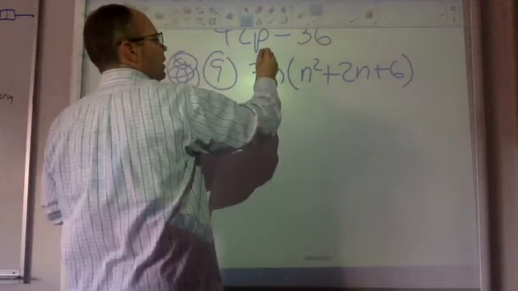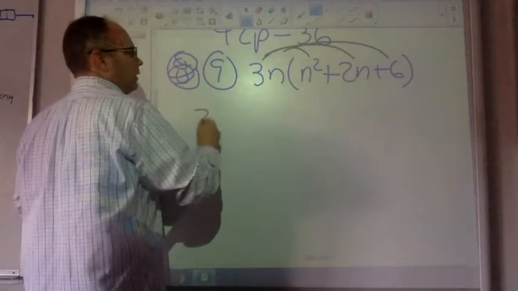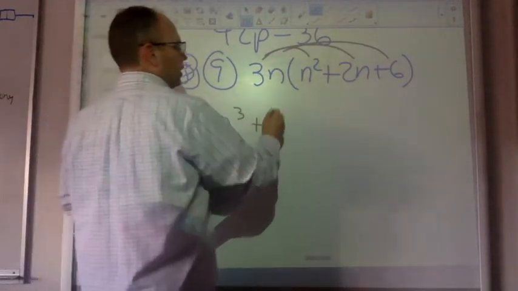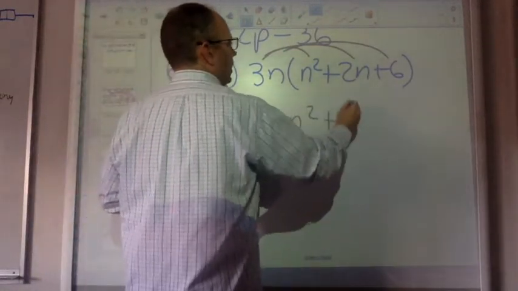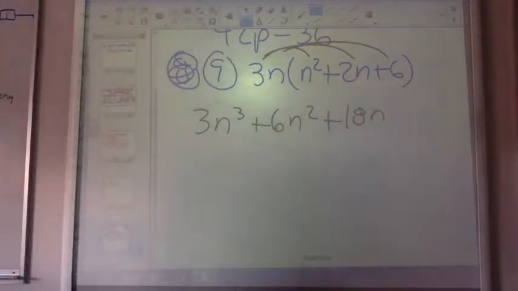I'm going to distribute, this is a single distribution as well. I'm going to distribute 3n over the parentheses, so I get 3n to the third plus 6n squared plus 18n. Again, single distribution, right?